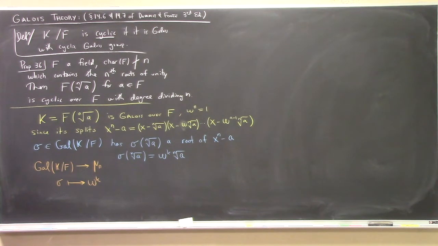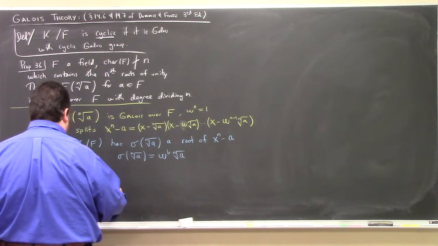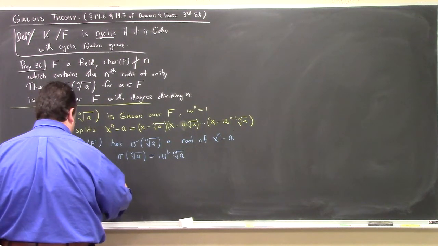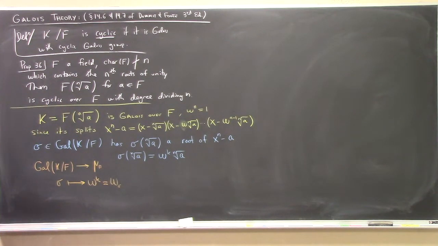He says, since F contains mu n, every nth root of unity is fixed by elements of the Galois group of K over F. He has a notation for this; in my notation it would be omega sub sigma, the power of omega that you need to get. He uses zeta sub sigma, but it's the same idea.